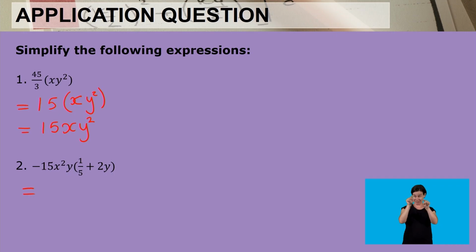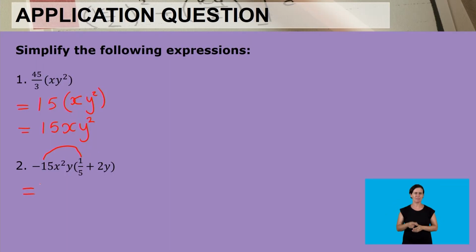Let's see. So we are going to say here a negative 15 multiplied by 1/5. Now, remember, when we were working with fractions, we know that when we multiply two fractions, then the numerator will multiply with the numerator and the denominator will multiply with the denominator. But of course, to make this easier for ourselves, we can just write that negative 15 as a fraction.